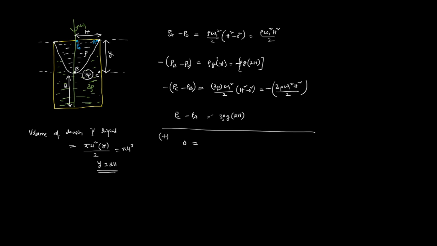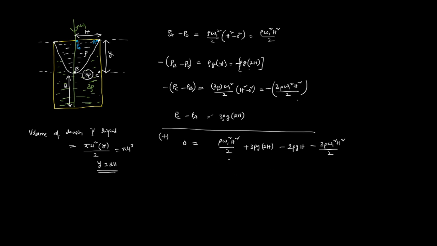So these two are negatives and these two are positives. I can write down rho omega 1 square H square by 2 plus 3 rho g into 2H, which is 6 rho gH, minus 2 rho gH, and this value will be minus 3 rho omega 1 square H square by 2.